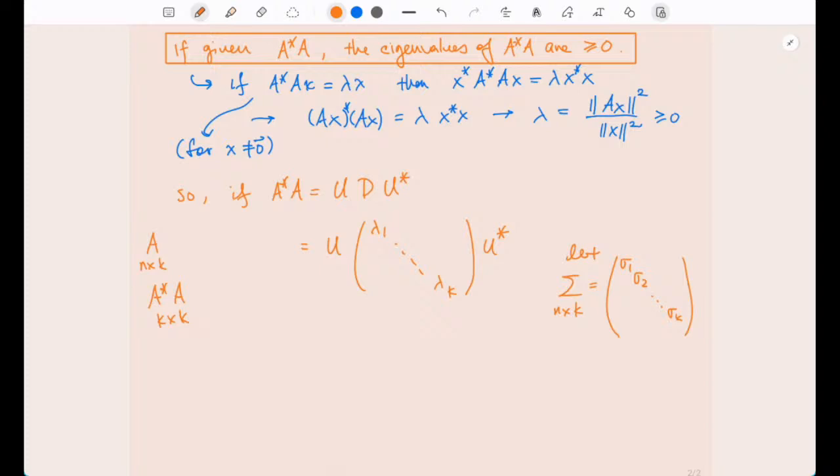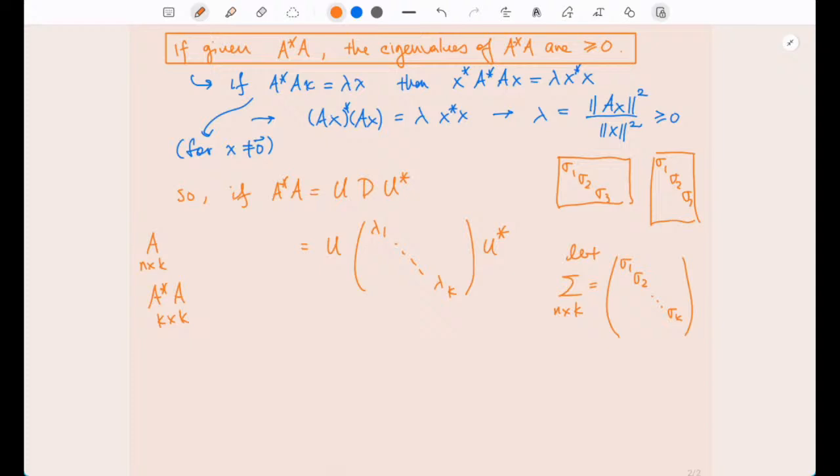If it's fat, we'll just terminate like this, and if it's tall, just terminate like this. So k is just whatever, it's going to be the shorter one.